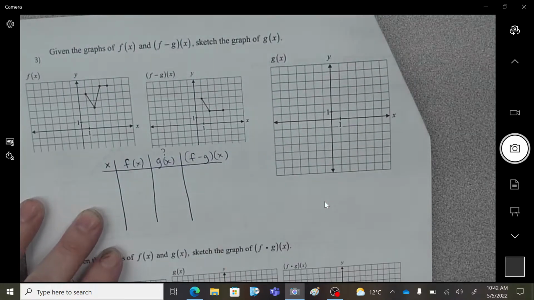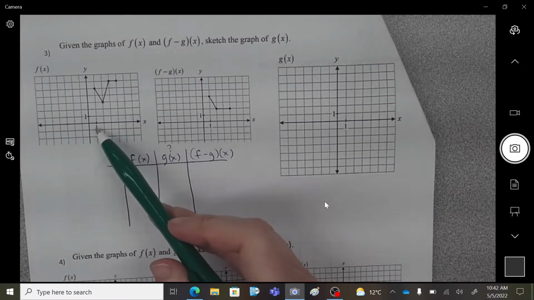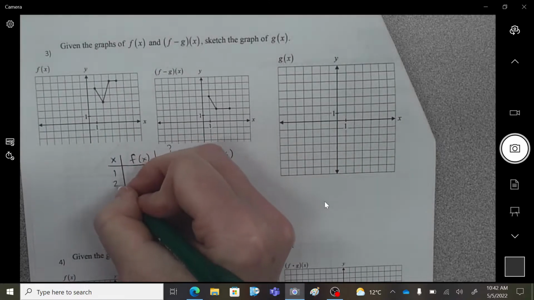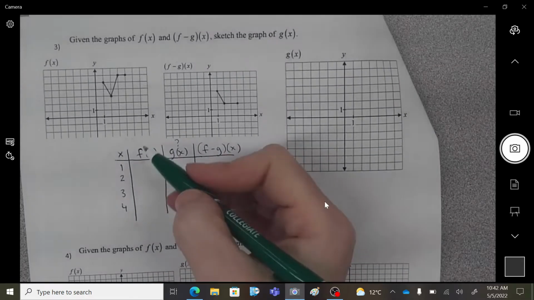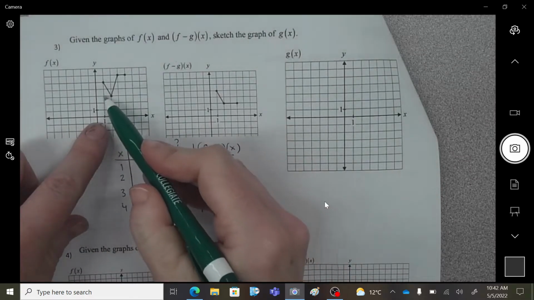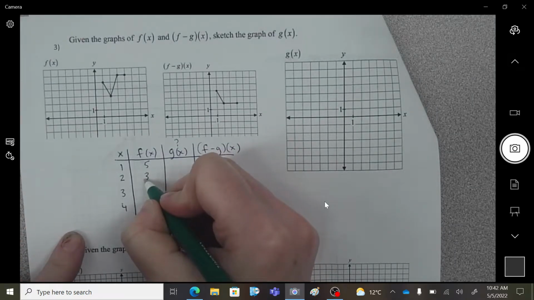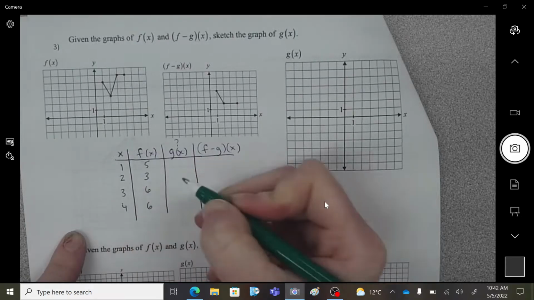And then this is the subtracted. Okay, so our domain, we're going from a 1 to a 4. So that's the domain. So the f function was at 5, then 3, and then 6 and 6.